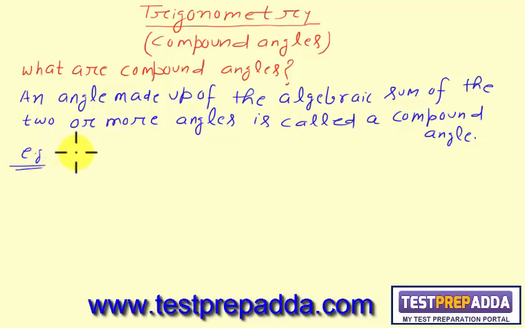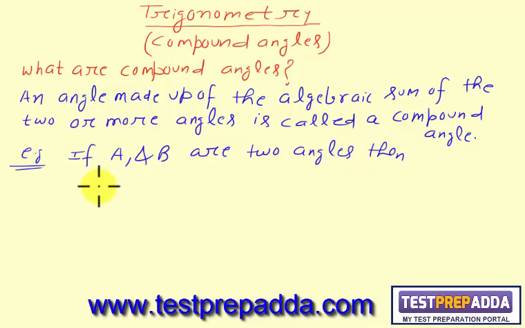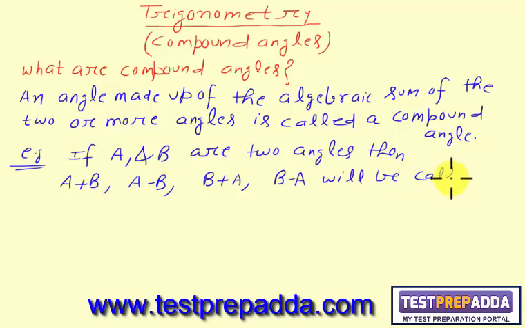For example, if A and B are two angles, then algebraic sum means A plus B, A minus B, B plus A, B minus A. These will be called what?